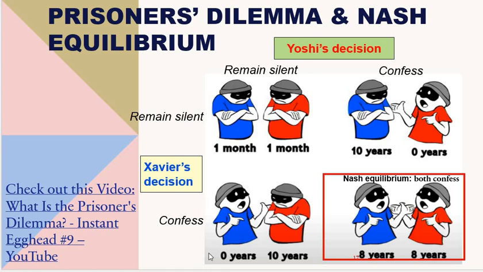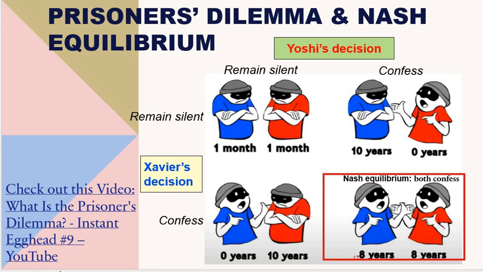So the prisoner's dilemma is showing us that even though players of a game would face a better outcome if they could collude and cooperate with each other, their dominant strategy is to cheat, to betray their partner.